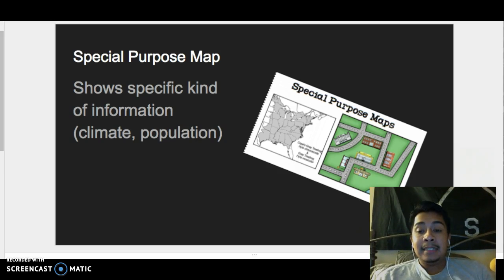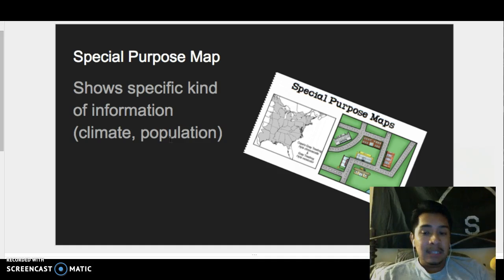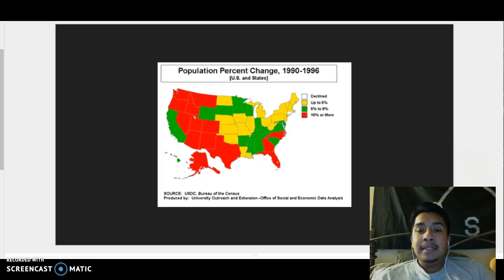The next type of map is a special purpose map, and it shows a specific kind of information, for example, climate and population. There could be more special purpose maps, but those are the two examples that I have given you. In this example, it's population.